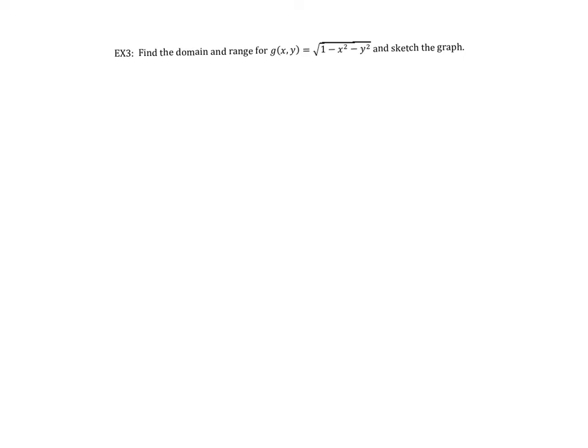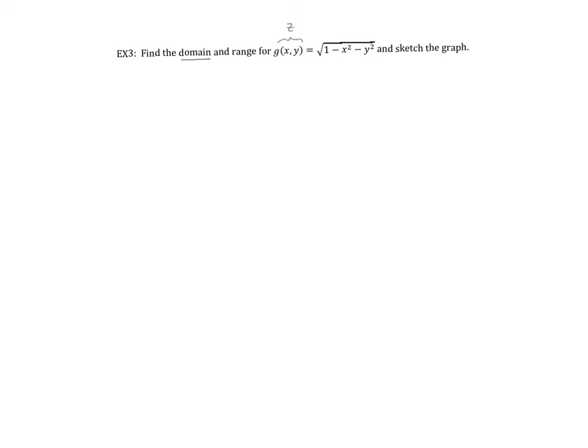Alright, so in example 3, we're going to find the domain and range for this function g, and we're also going to sketch the graph. Well, first of all, when I find the domain, remember that my g of x, y, that's my z value. This is a square root function.